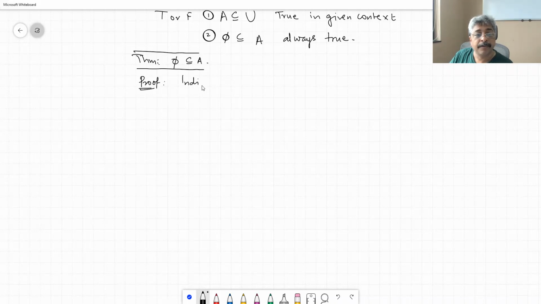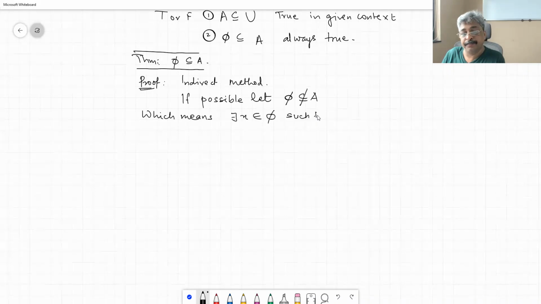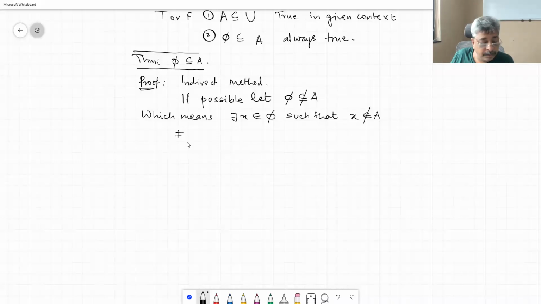Indirect method. If possible, let phi is not a subset of A, which means there exists X belonging to phi such that X is not a member of A. Contradiction to the definition of empty set.